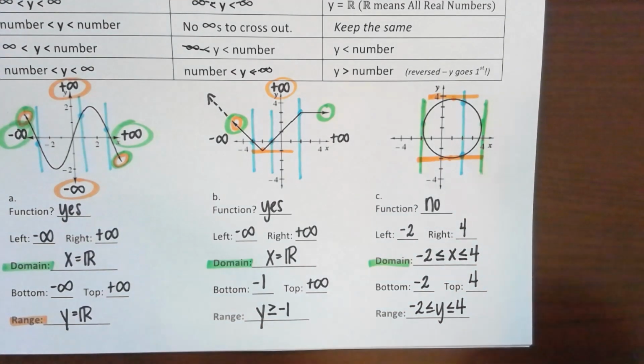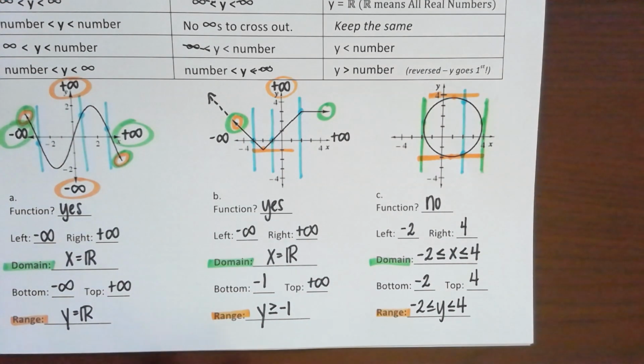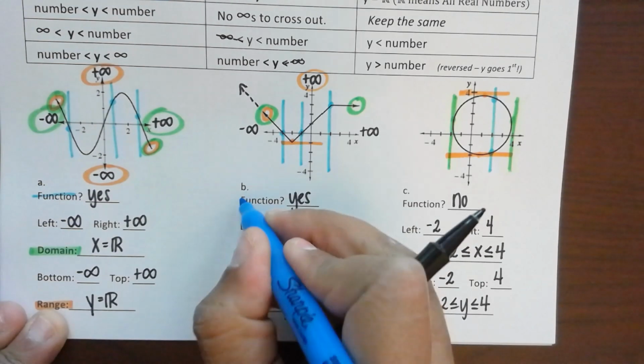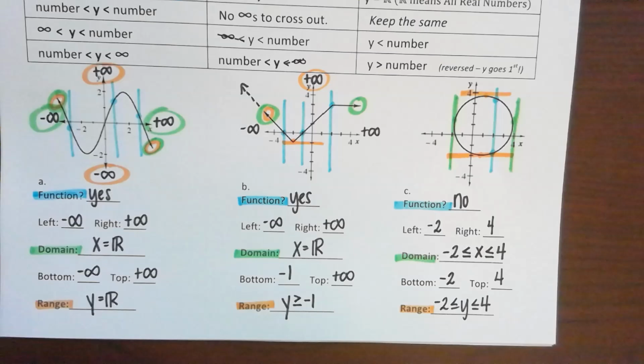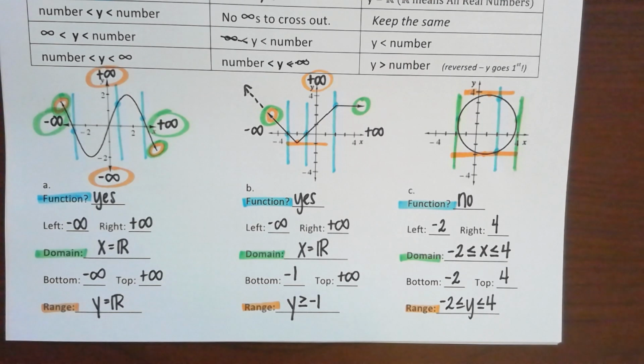Perfect. That's the confidence we need. And this is why color coding is so important, because you see what each section means to me and what I'm able to do with it. Yes, sir. Did you put the Y there because it's range. That's why. Domain will always be X, range will always be Y.